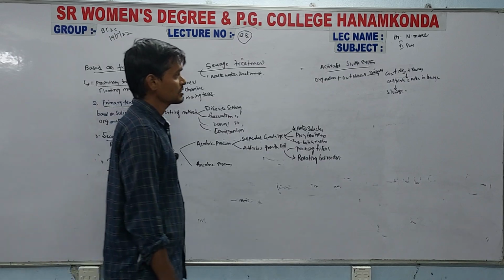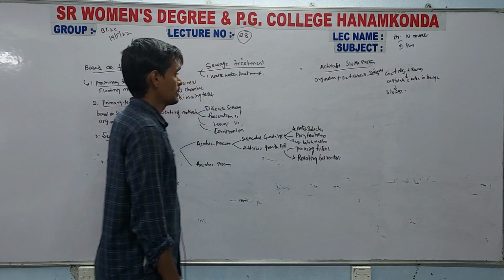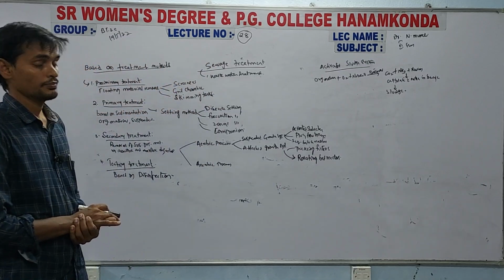These new bacterial cells will get agglutinated in the sewage. That agglutinated material is called sludge, and we can remove the sludge.